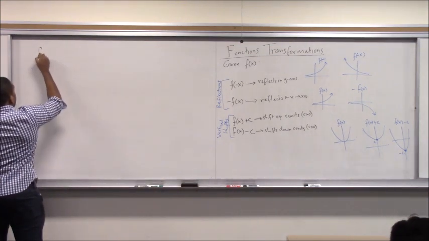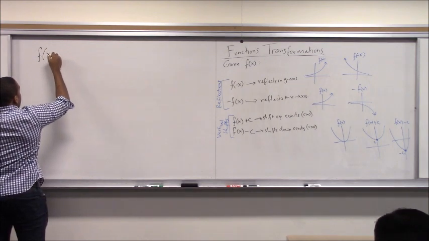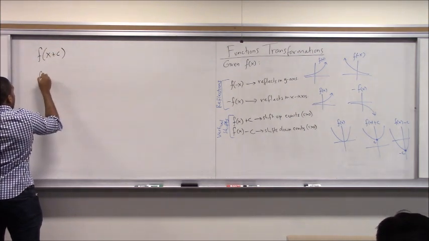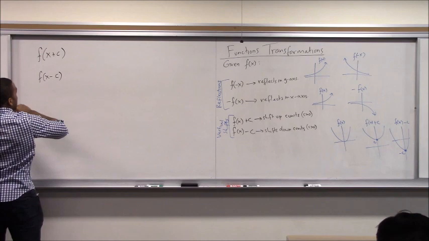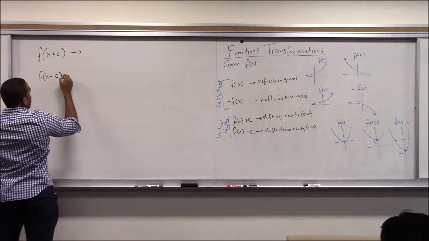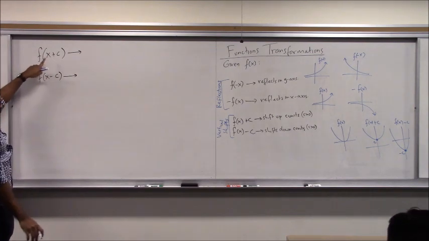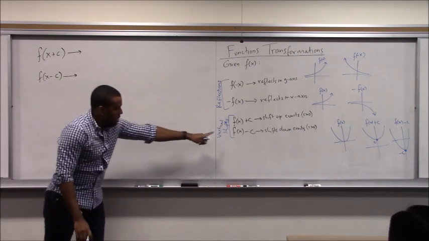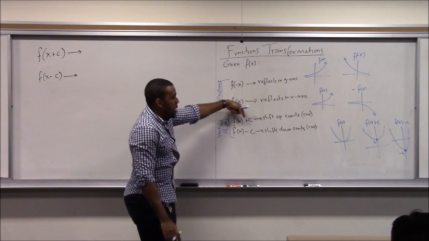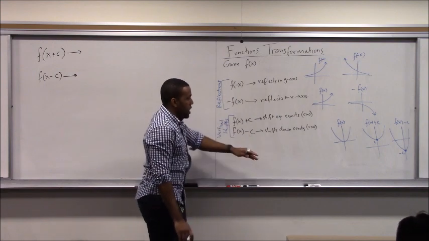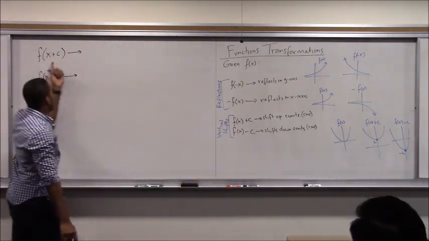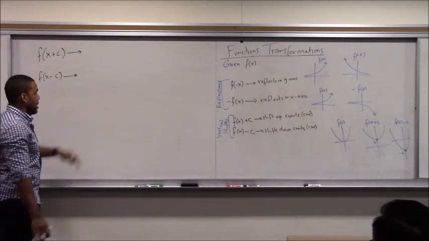You can do this inside, so you can have f of x plus c and f of x minus c. And these are also shifts, but these happen horizontally. You should also remember these happen in an unexpected way. Sure, you think a positive would move up and a negative would move down. You might expect adding a positive to the x should shift it to the right, but it's the opposite.